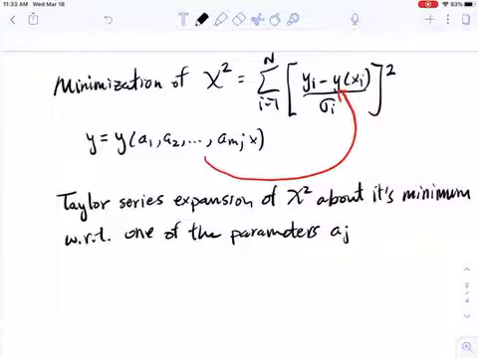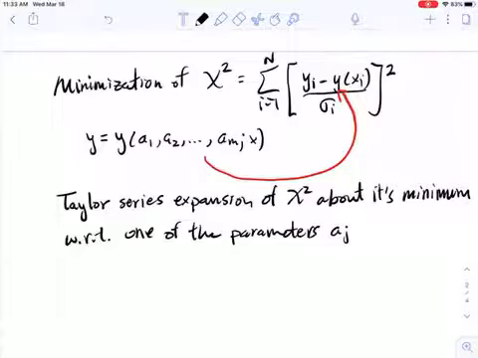So what that means is we imagine that we found all these parameters that do the minimization, and so maybe it's an A1 star and an A2 star and an A3 star all the way up to AM star. Those starred values are the values that produce the smallest chi-squared. And so we're going to leave all of them at these values that we found, and then we're going to select one parameter, the jth parameter, and allow that one to vary a little bit away from its minimum.